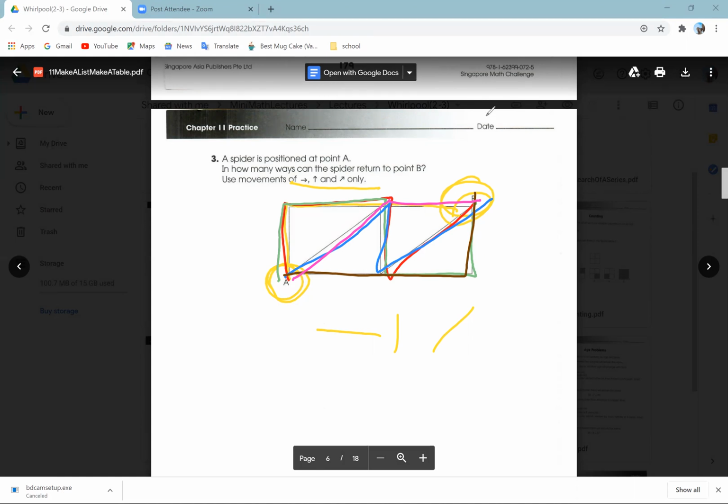Let's see about this way. 6. 7. What about 8? You think there's any more?